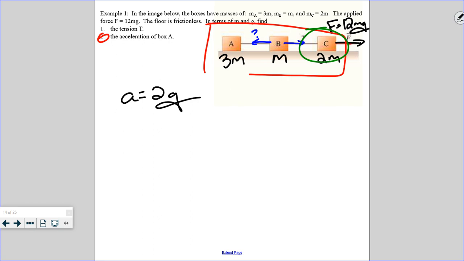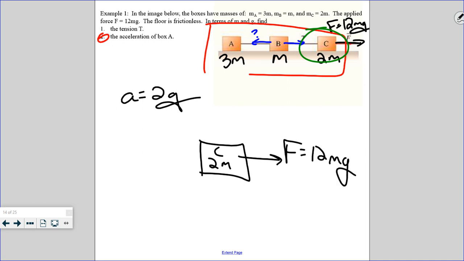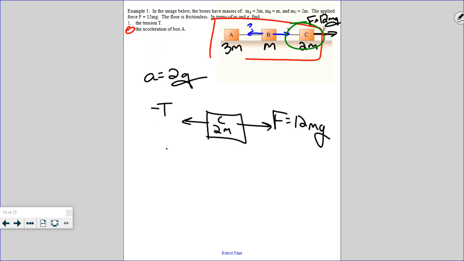If I draw my box C, it's got a mass of 2m. There's a forwards force on it of 12 mg, and the mysterious tension force. Notice, negative. Got to manufacture that negative sign. So what do we want to do here? We've got to go net force equals mass times acceleration.